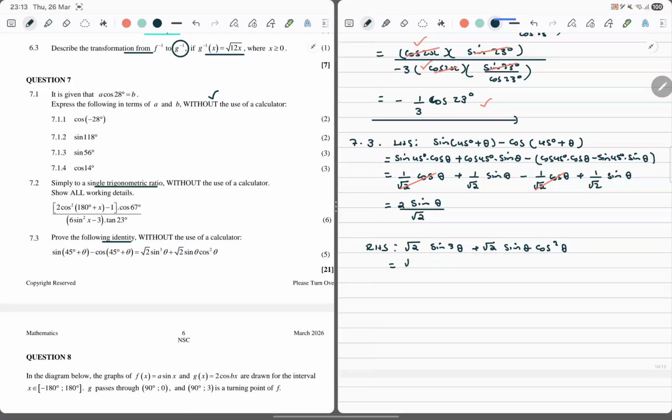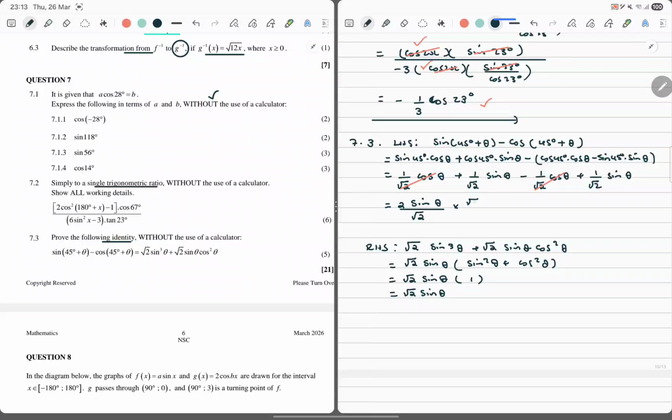So if we take root 2 sine theta as the highest common factor, we end up with sine squared theta plus cos squared theta. So this is root 2 sine theta into 1, which is root 2 sine theta.